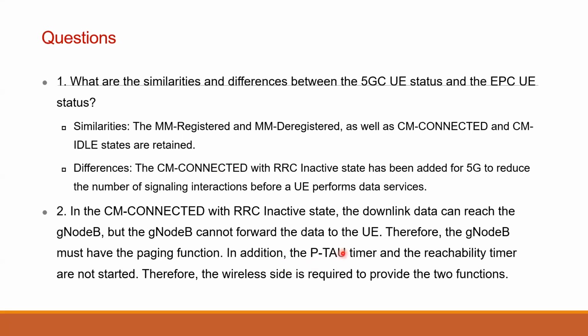The different timers are basically the TAU timer and the reachability timer. These two need to be provided on the RAN side in order to ensure that the paging function can be initiated.